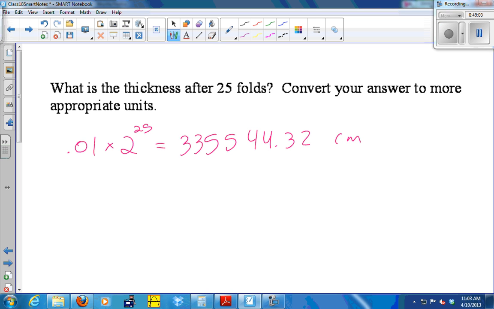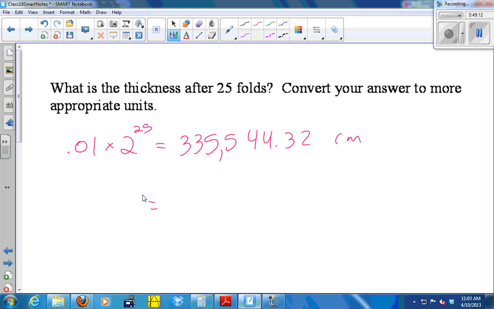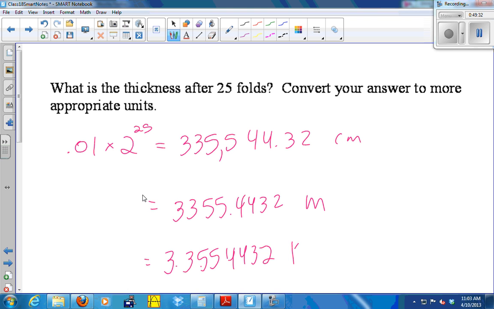And then let's change it to some more appropriate units. So divide by 100. It moves the decimal point 2 to the left. 3,355.4432 meters. And we could change this to kilometers because there are 1,000 meters in a kilometer. So if I divide by 1,000, I get 3.355 kilometers.